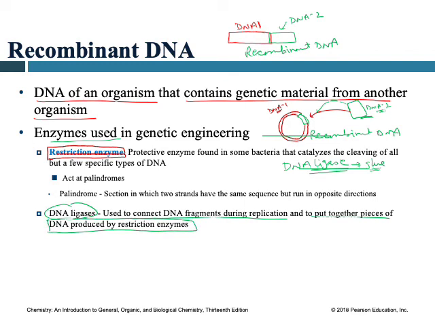So recombinant DNA is normally formed by combining two genetic materials together. First you have to cut the original DNA to make a place for the incoming DNA, and then once the incoming DNA joins the first DNA, DNA ligase is going to join both DNAs together, right, and form a recombinant DNA, right?